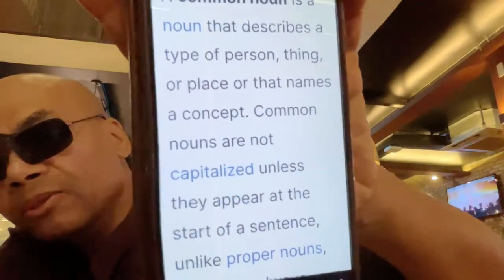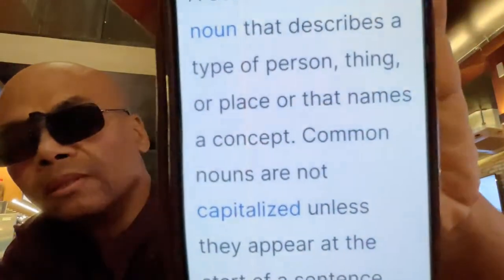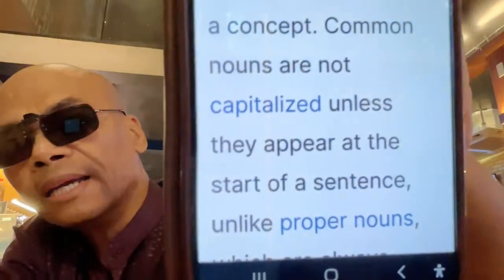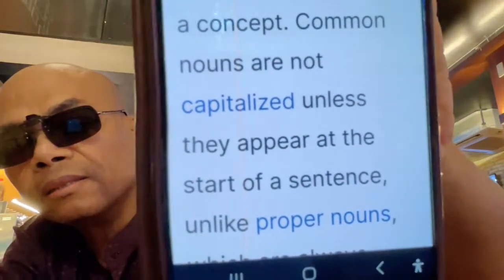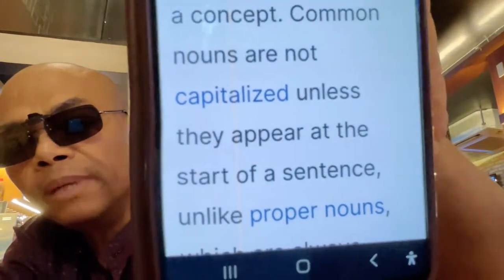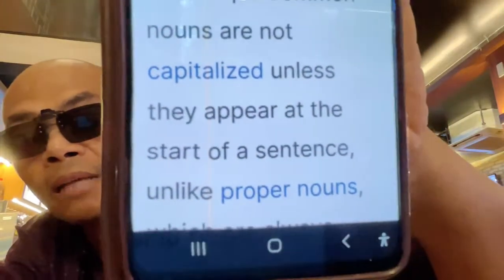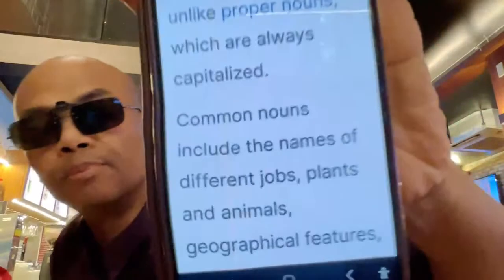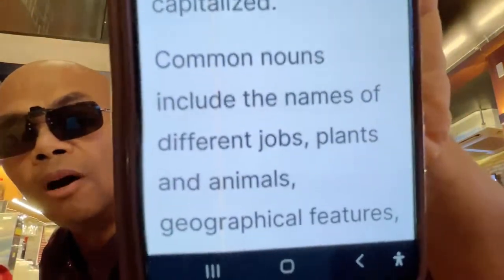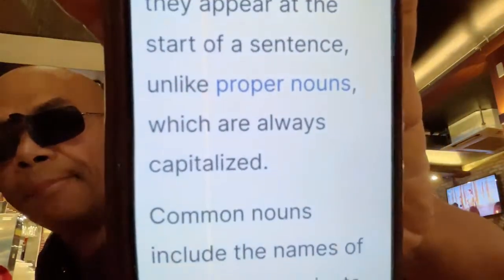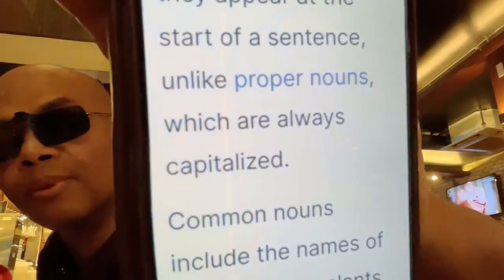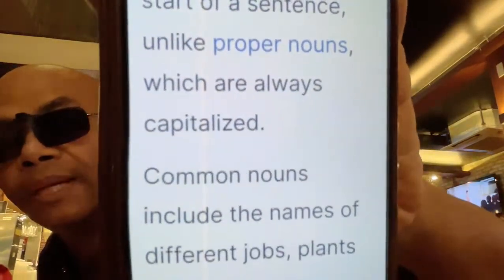Common nouns are not capitalized unless they appear at the start of a sentence. Unlike proper nouns, which are always capitalized.